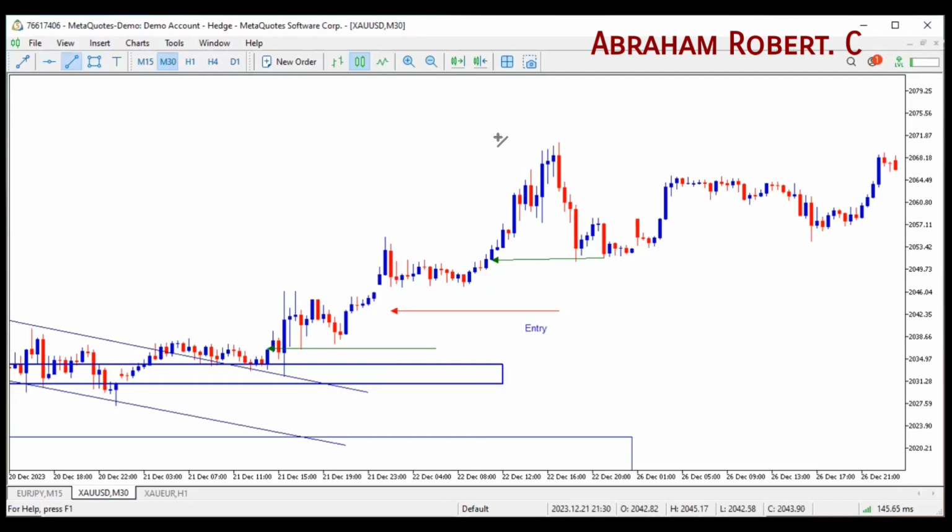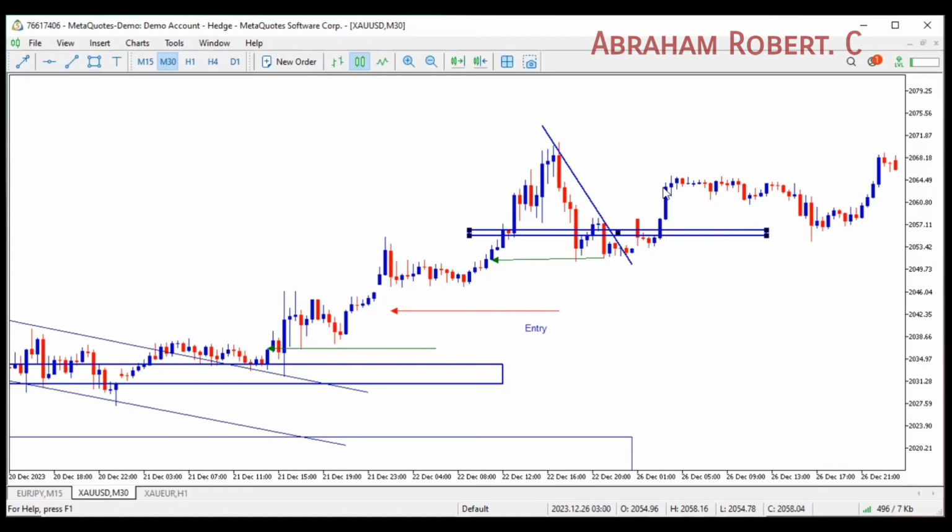Let's locate where the structure broke. As you can see, this candlestick broke out of this structure. This candlestick also broke out of this structure horizontally. We saw the break of structure over here vertically, break horizontally.